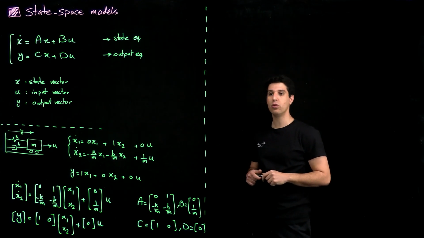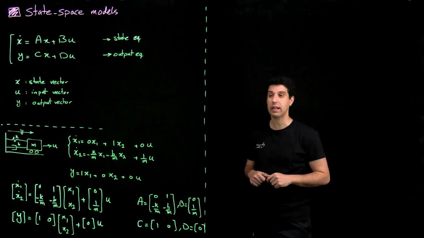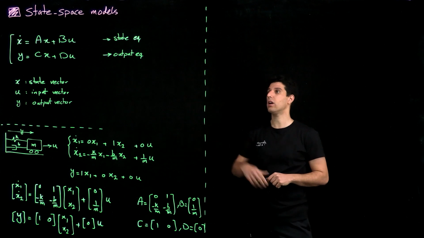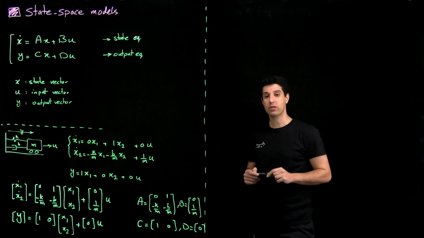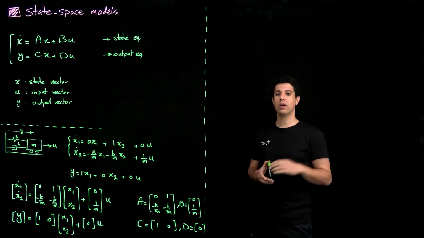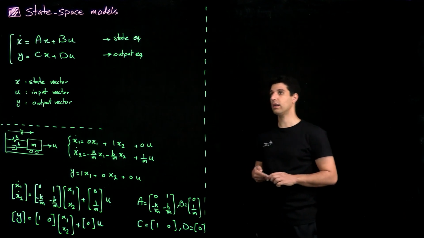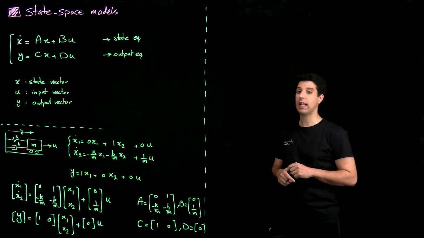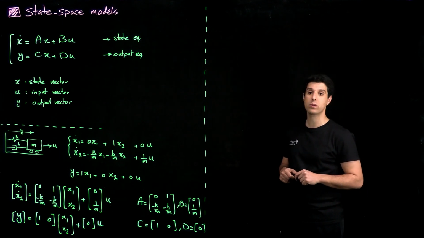A lot of the new control algorithms and analysis methods are based on this. So in this regard, the transfer function notation that we have used before is the older generation, I would say. It is still very powerful, and a lot of analyses and information can be obtained very easily using that notation.